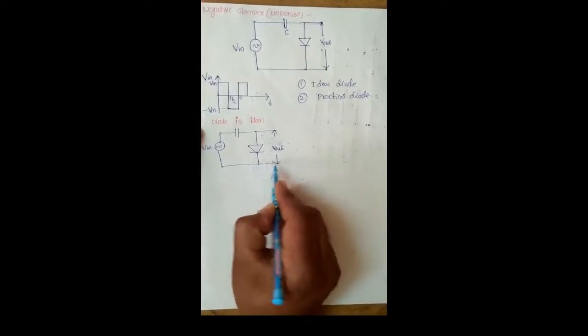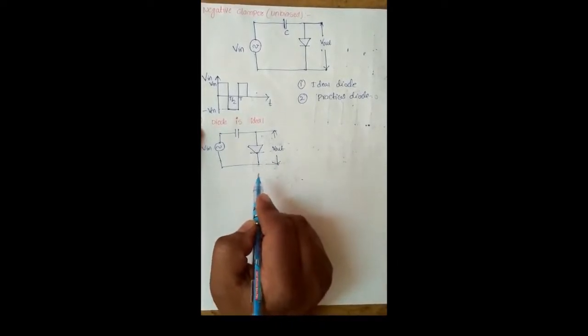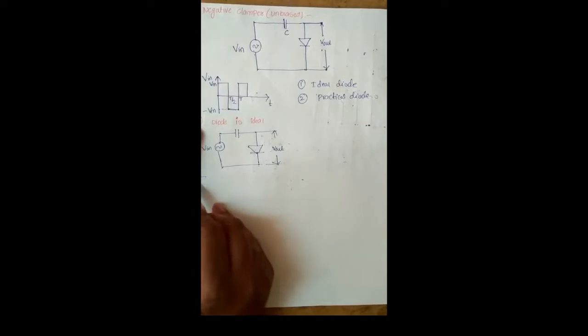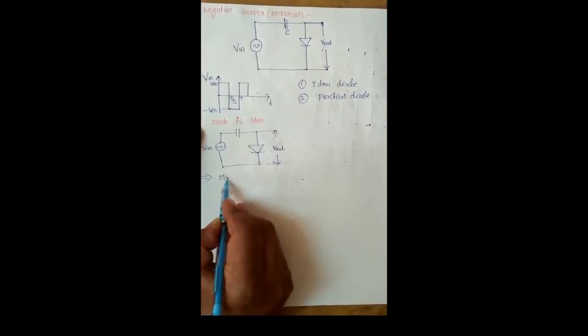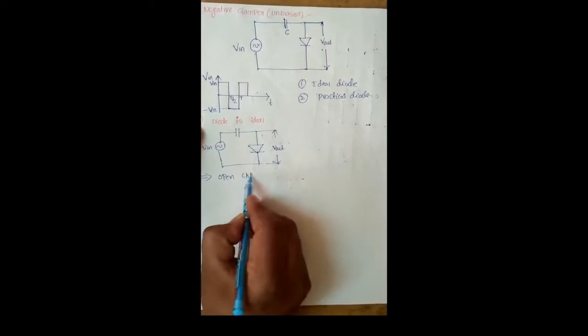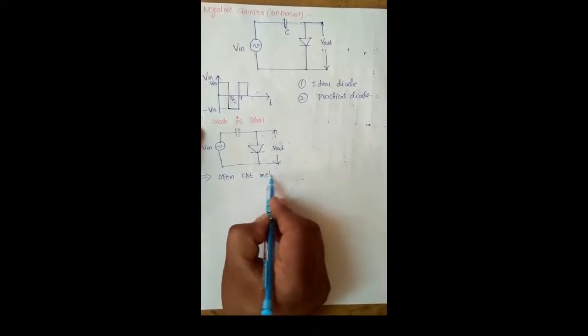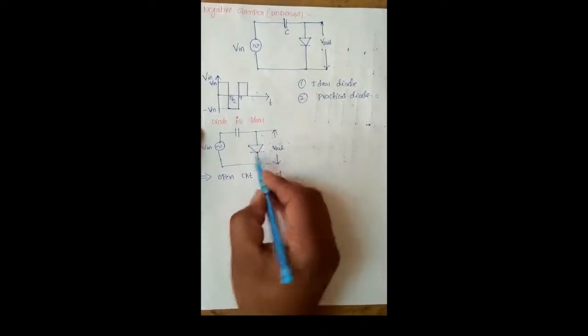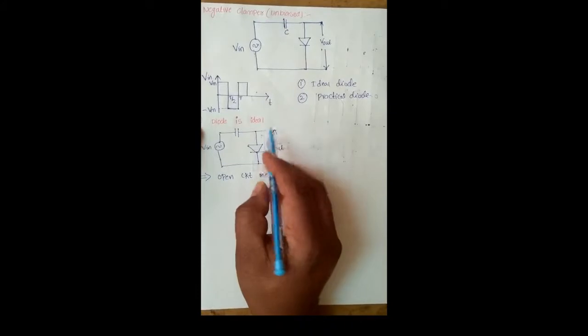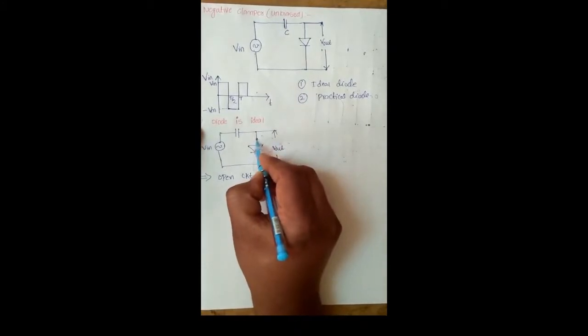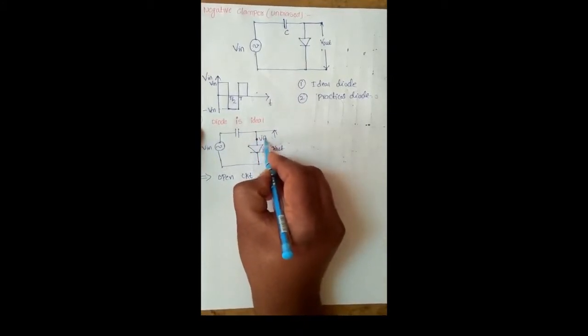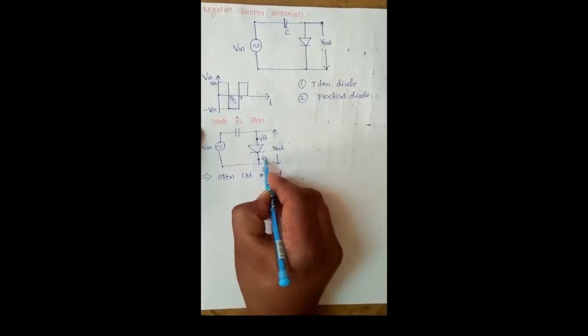When analyzing the clamper circuit, we always approach with the open circuit method. The open circuit method means this diode is open circuited and we determine the anode voltage and cathode voltage.